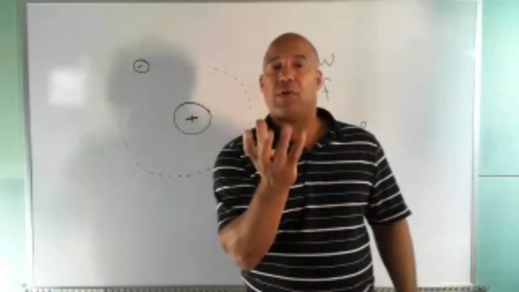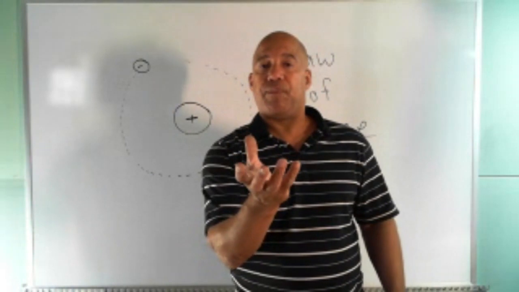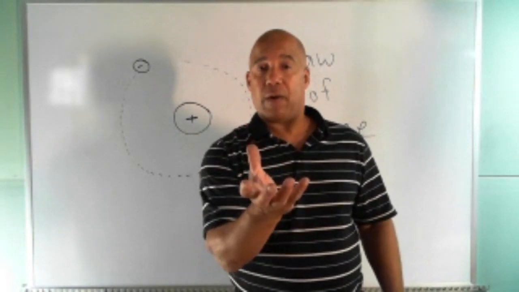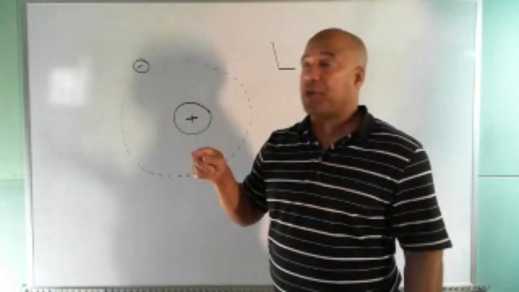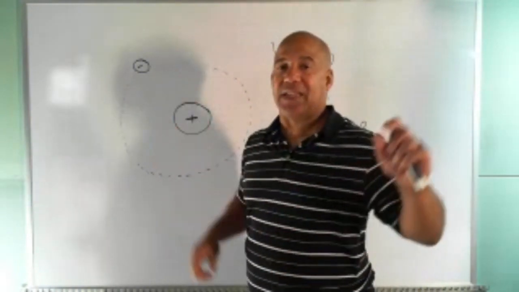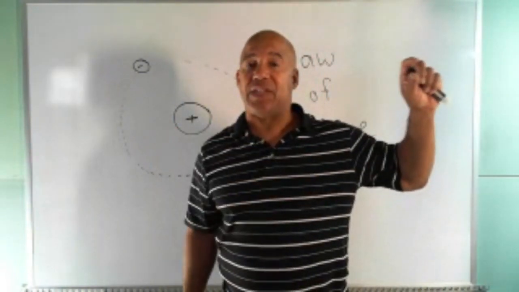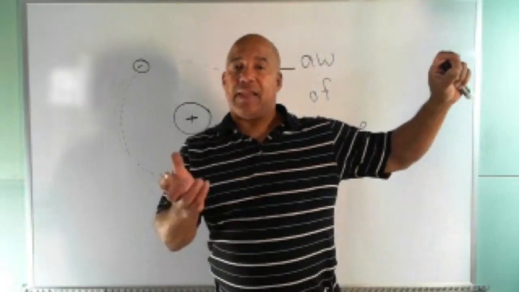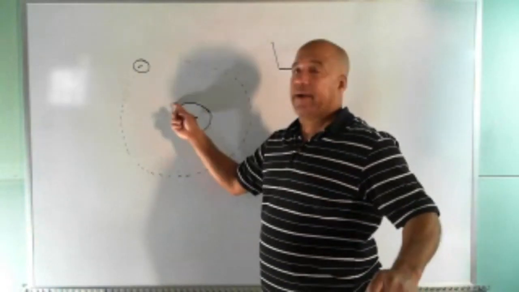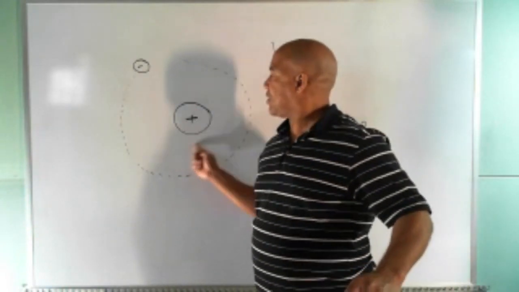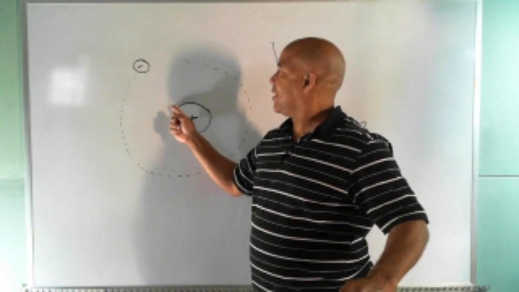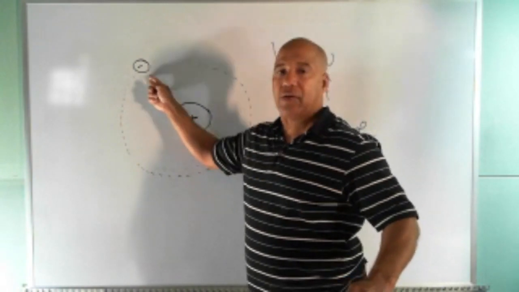But if I can blow the nucleus of a hydrogen atom up to the size of a softball and keep everything proportional, the electron would blow up to the diameter of a dime, a 10-cent piece. And this distance right here, this would be the size of a softball, and this distance would be about 5 miles away from each other.